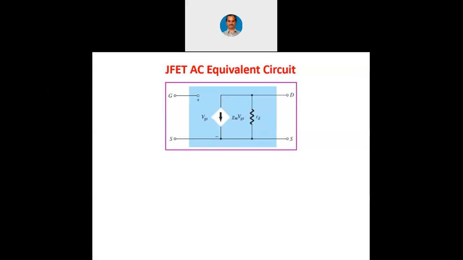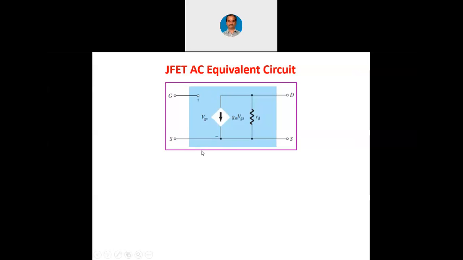That 1 giga ohm also we need not write here. Why? Because even if you write 1 giga ohm, the current flowing there will be only nanoamperes. So we can as well ignore it, because at the output side the current will be in milliamperes. As there is a 10 power 6 difference, we can ignore the resistance at the input side. So it is written as an open circuit here.